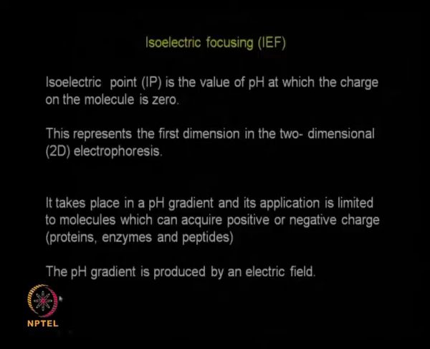So we sometimes use this particular principle even in 2D electrophoresis also. We separate based on isoelectric pH. So we have a pH gradient and each protein will move and it will stop when it reaches its isoelectric pH. Now all proteins, enzymes, peptides, they will all have amino acids.